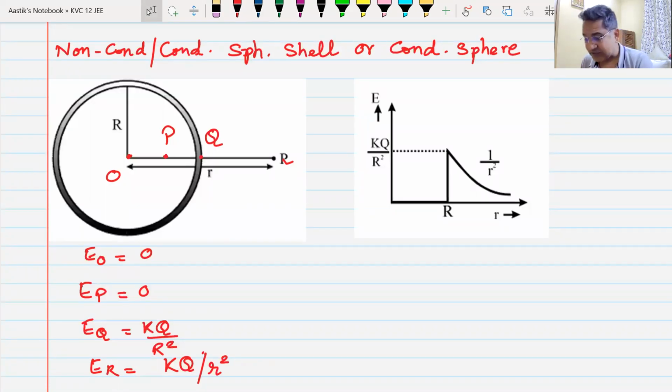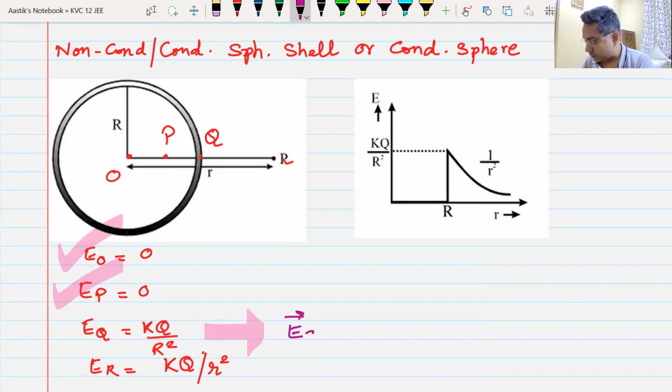This was the conducting shell or conducting sphere. The first formula, I don't need vector because it is 0. The second formula, I don't need vector because it is 0. The third formula, how will I write in the vector form? This was the electric field on the surface of the sphere. I write it like this.